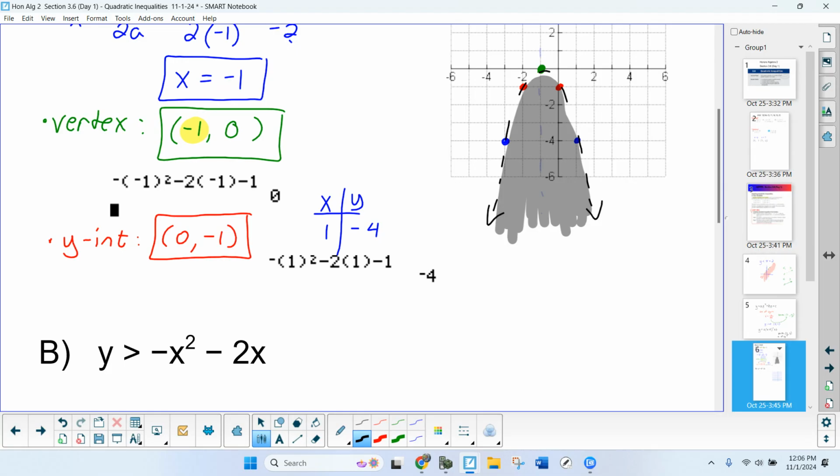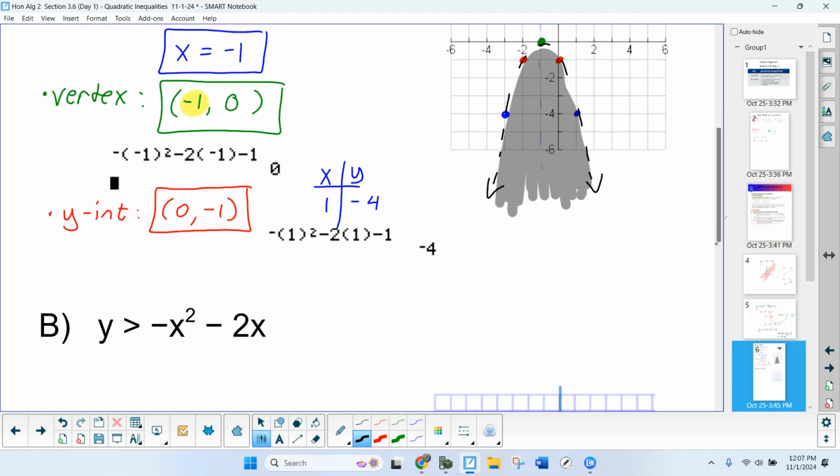Thoughts? Any questions on this first one? I changed this one. That's interesting. I wonder if I meant to change that one. I must have. All right, let's try this one.